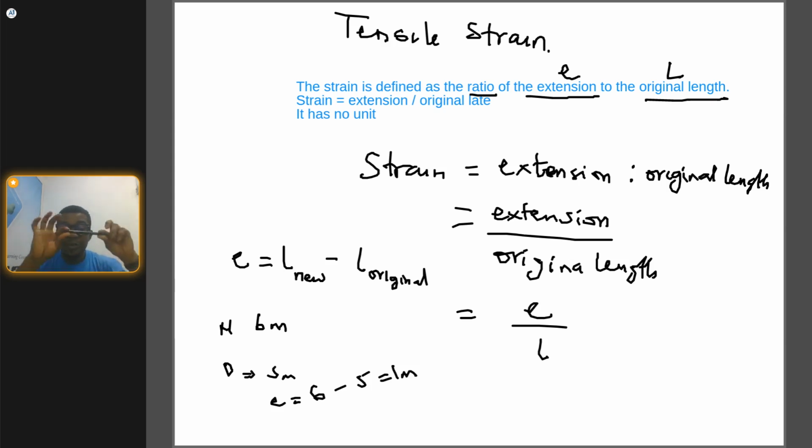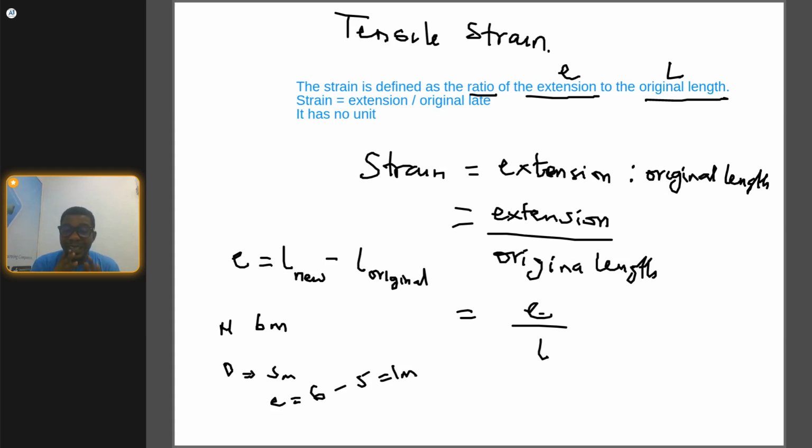So the strain is the ratio of the extension to the original length, expressed mathematically as extension over original length, which is also E over L.